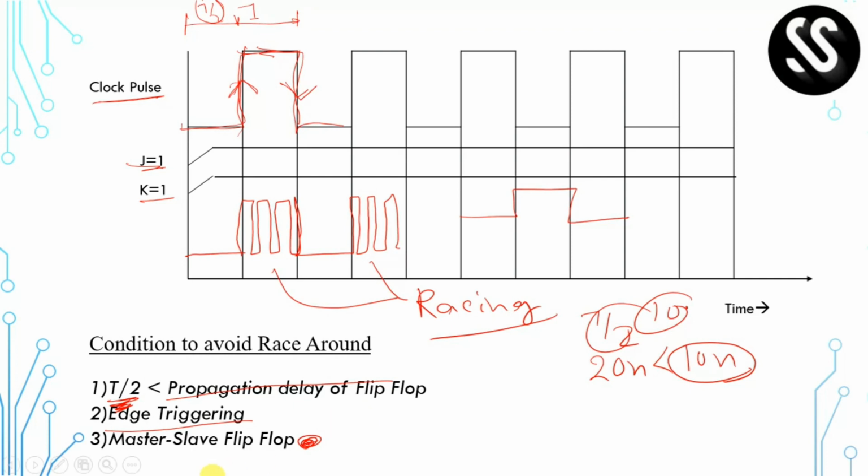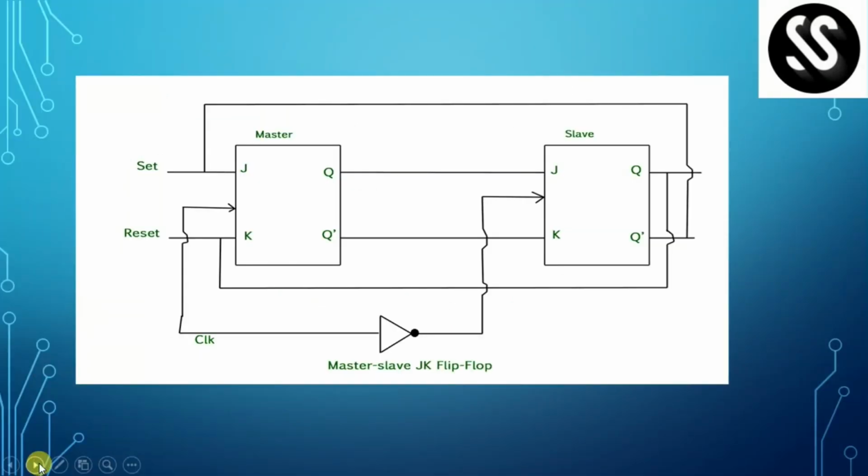So you can see this diagram. This is the master slave flip-flop. We have a JK flip-flop called the master, which is connected to the input, and the slave, which is connected to the output, Qn and Qn complement. You can see the clock is connected to both. Here the clock is directly connected, here the clock is complemented.